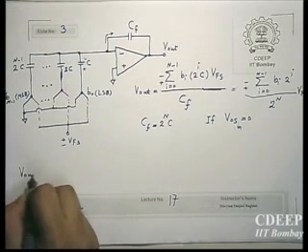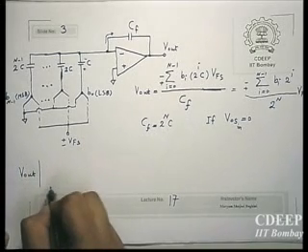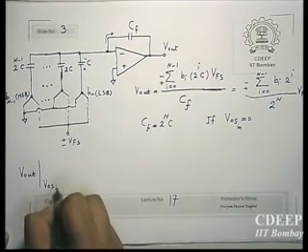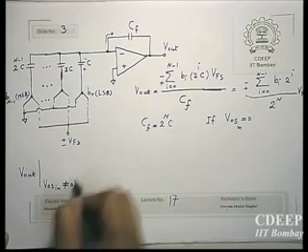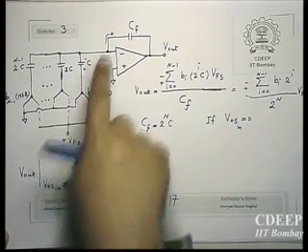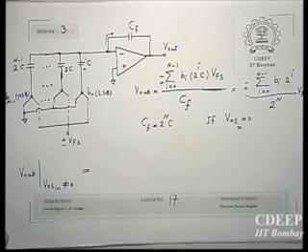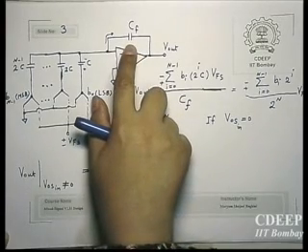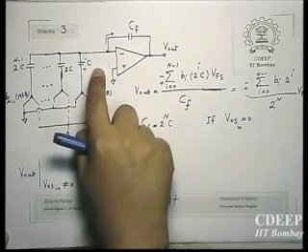So V out, considering the input offset voltage. Now, there will be two components. One will be here because your output voltage is considered to be the voltage across CF plus V offset, right?